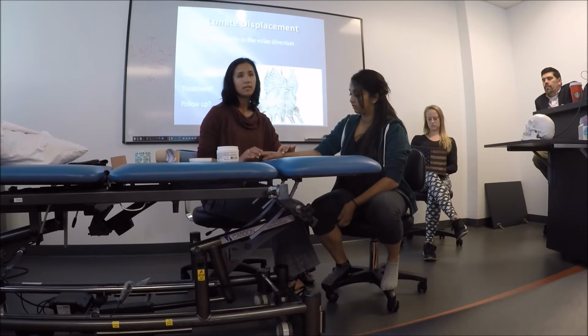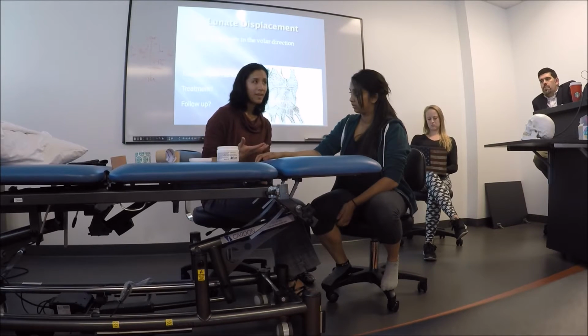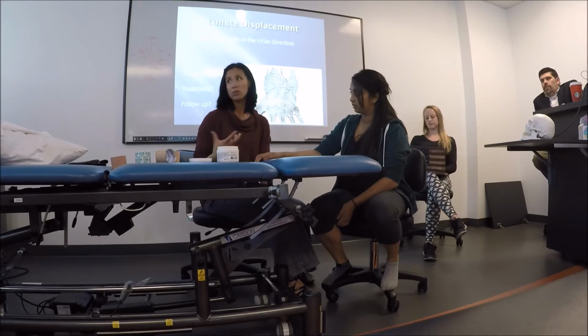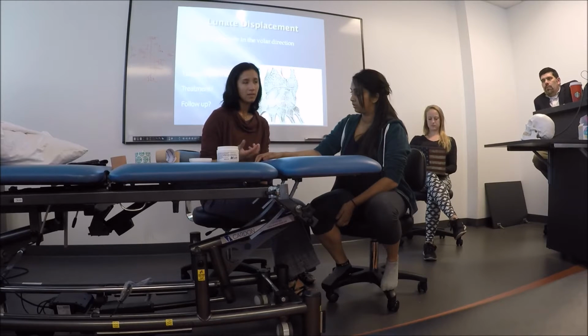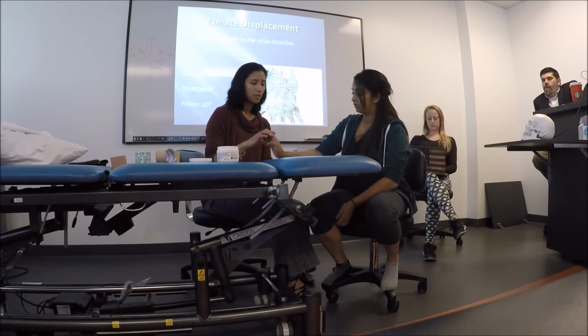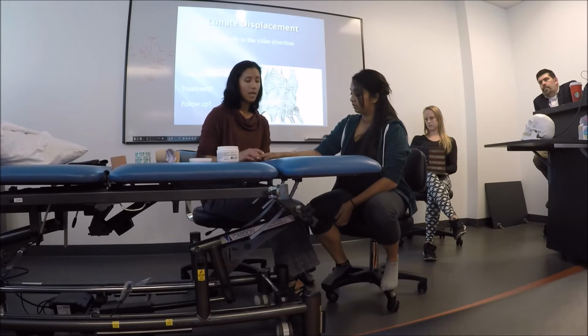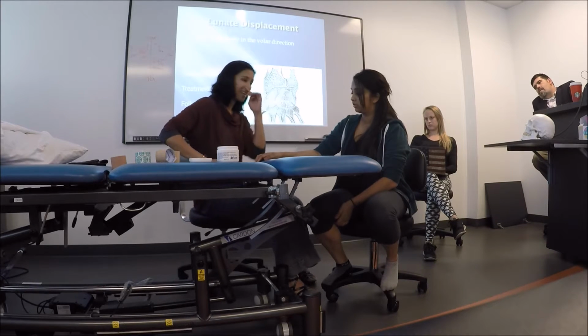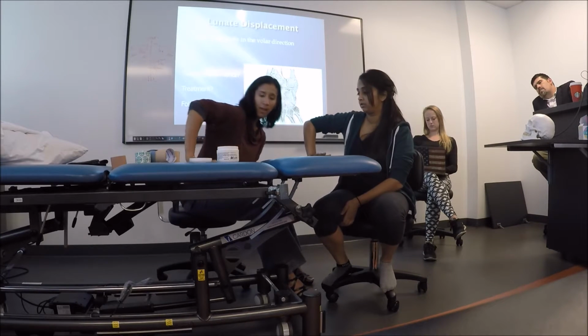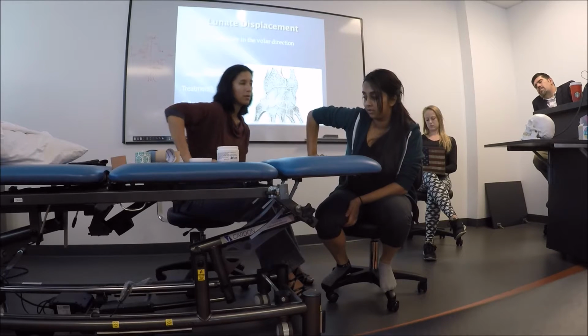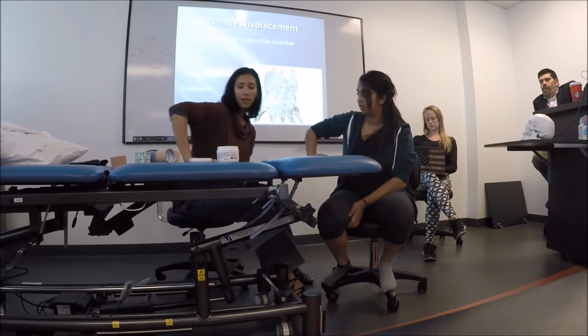So I can mobilize that lunate, but right after all that, anytime you improve range of motion, you want to follow it up with something active. So now I've improved her ability to extend without pain, but her big thing was weight bearing. So I can have her weight bear and have her rock back and forth to see if that feels any better.